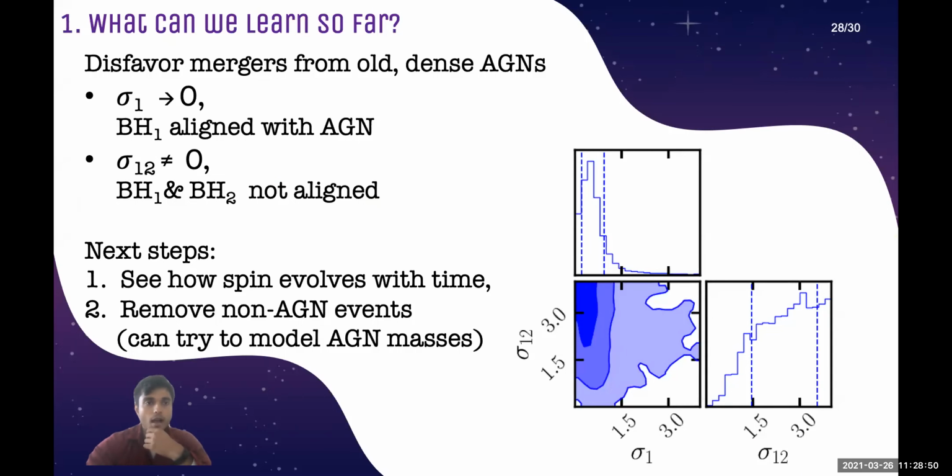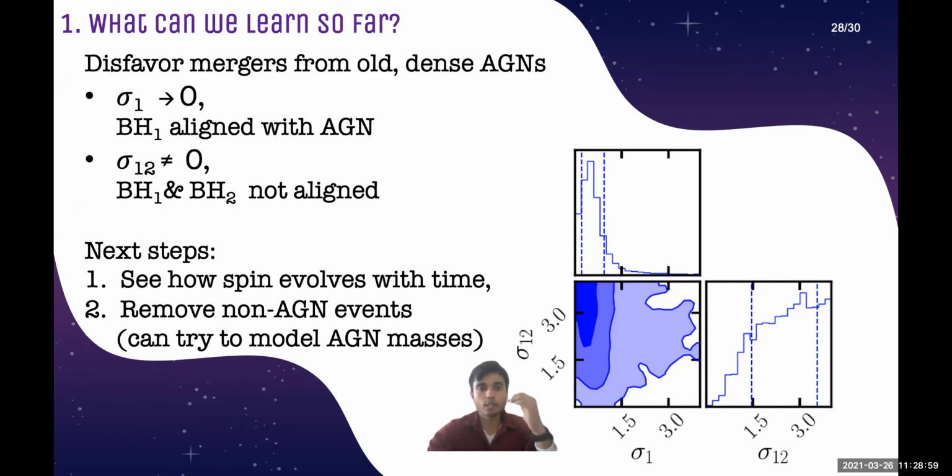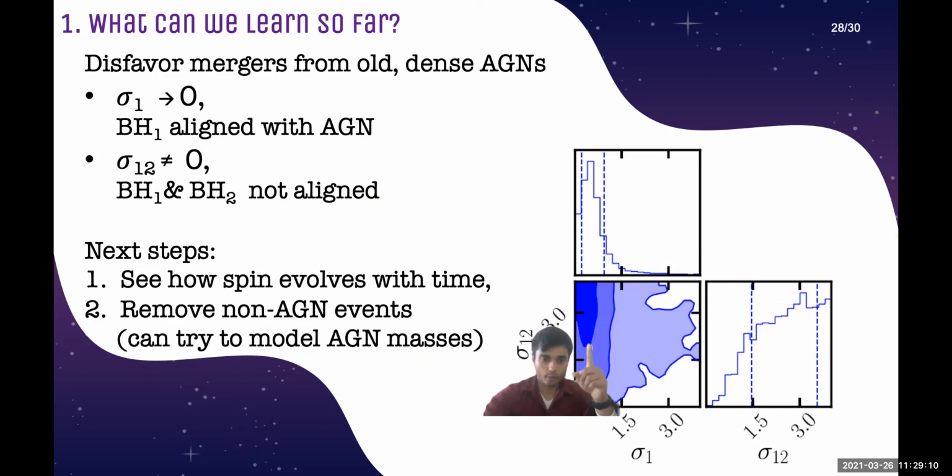This plot has been made using all the gravitational wave events that LIGO has detected so far. I'd like to bring our attention to this region of the contour plot.